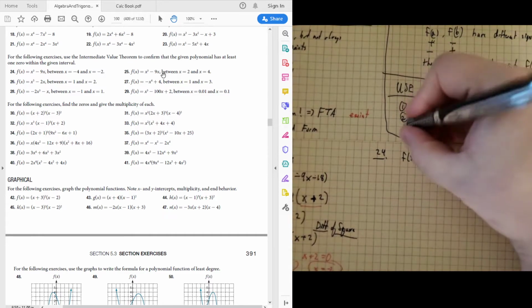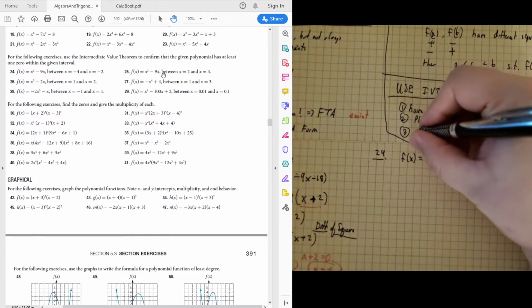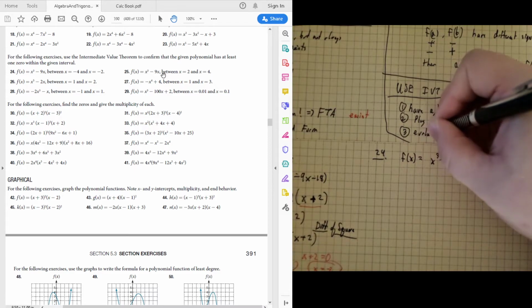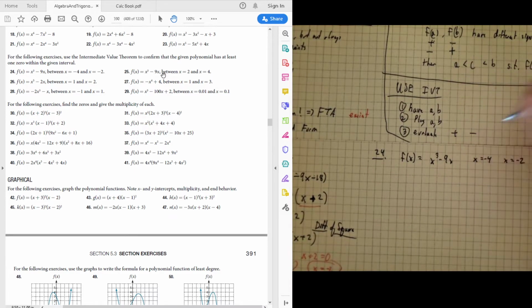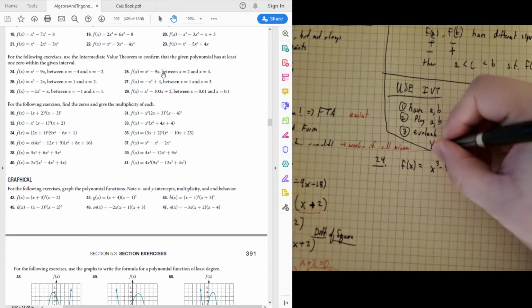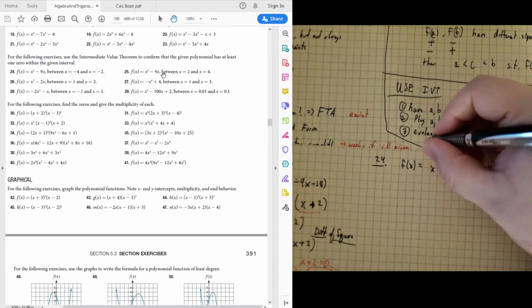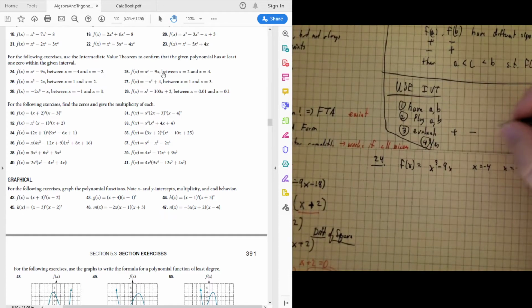Once you've plugged in a and b, your third step is to evaluate. Is one of them positive and the other one negative? If that's the case, then the answer is yes. If it is not the case, let's say they're both positive or they're both negative, then the answer is no.